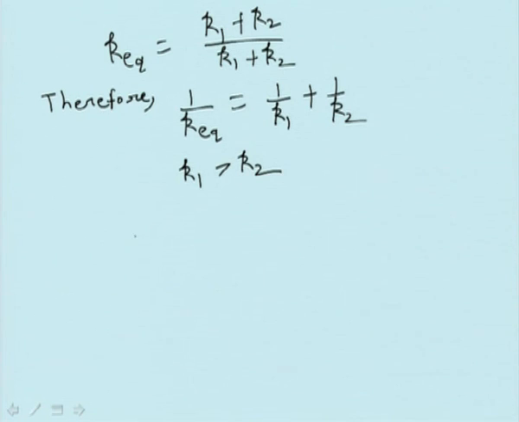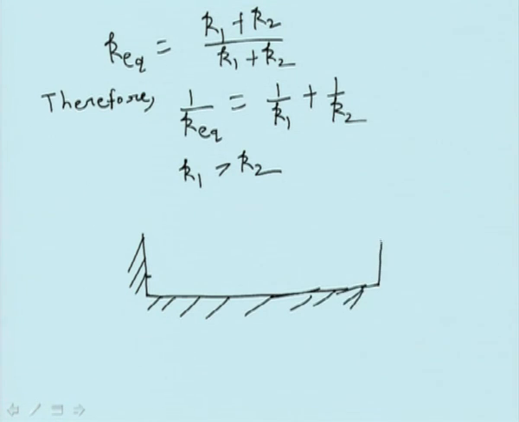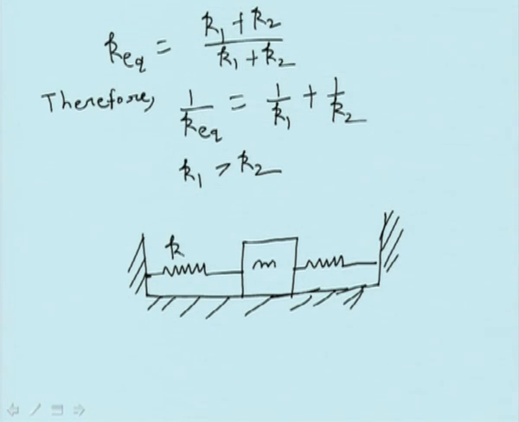Now let us see, say for example, this case. Here this is k1, this is k2.